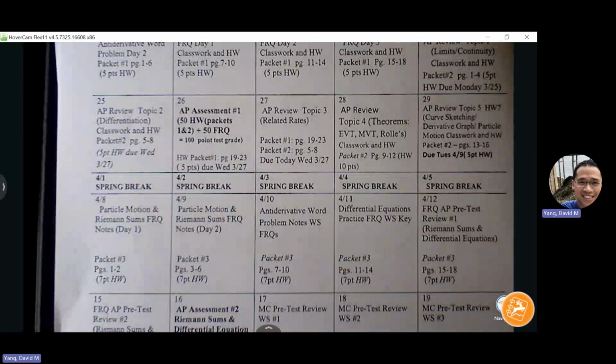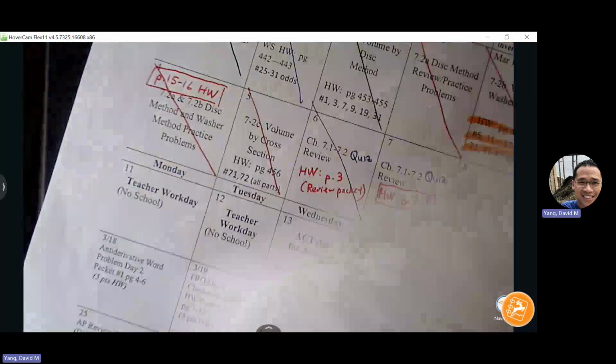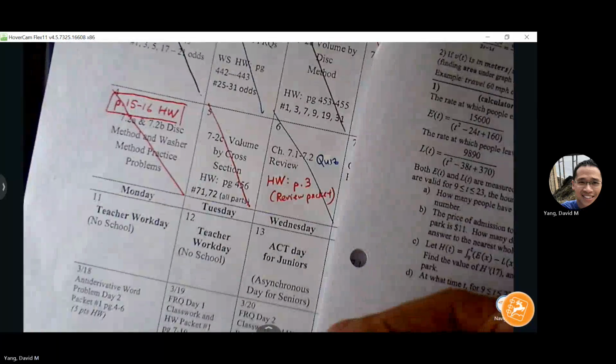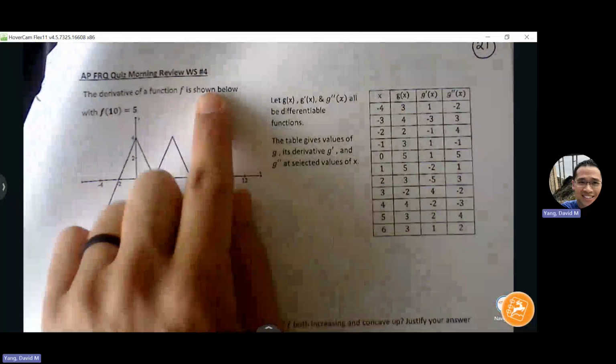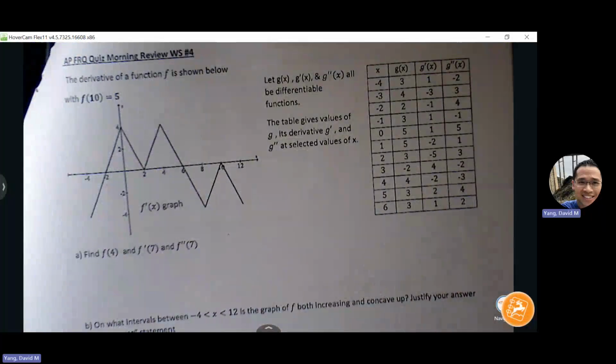Is it just like normal tests? Well, I'll show you exactly what it looks like. We're going to work towards, if you look on page 21, it's a very specific type of FRQ. So before we get there, you'll know exactly what to expect. Okay.